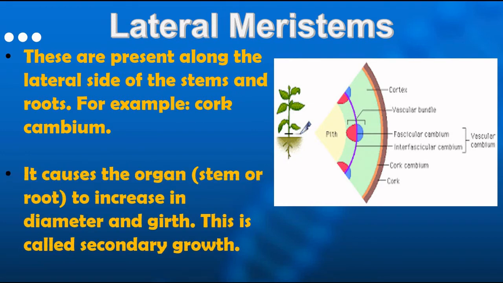The second point is that it causes the organ, stem or root, to increase in diameter and girth. This is called secondary growth. In the previous meristem it was primary growth, now it's secondary growth.